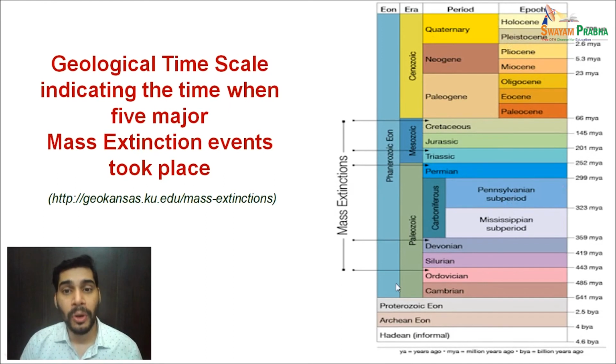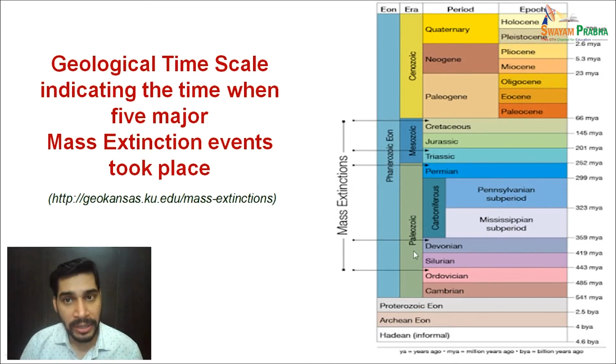So all these 5 extinction events that we are talking about have been in the Phanerozoic eon, and particularly 2 eras which have seen these mass extinction events are Paleozoic and Mesozoic.